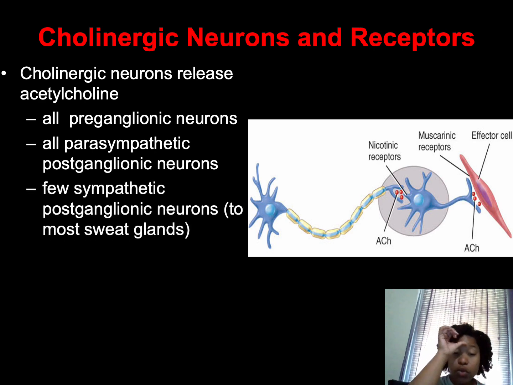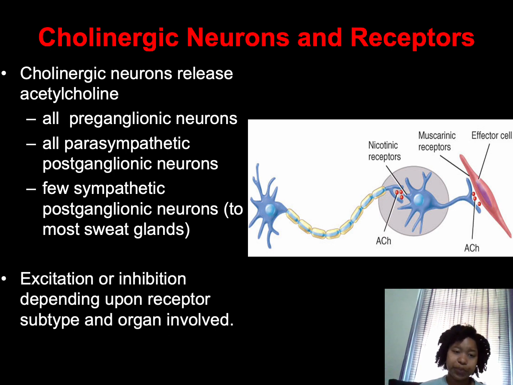There are a few sympathetic postganglionic neurons that secrete acetylcholine, but these are mostly the ones going to sweat glands. So excitation or inhibition will occur with this neurotransmitter depending upon the receptor subtype and the organ involved that it goes to. So that means that it can have excitatory potential or inhibitory potential. It all just depends on where it's going in the body.